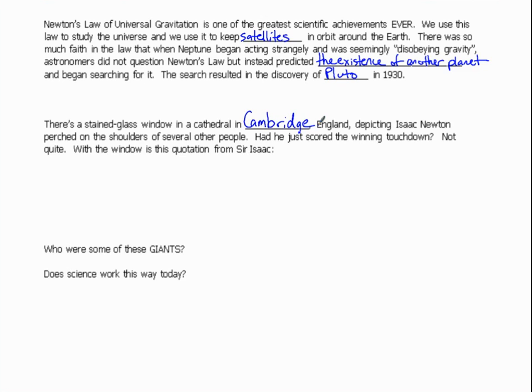There's a stained glass window in a cathedral in Cambridge, England, depicting Isaac Newton perched on the shoulders of several other people. Had he just scored the winning touchdown?